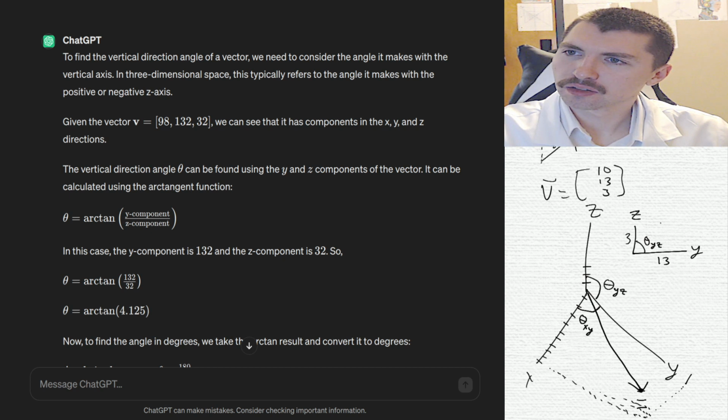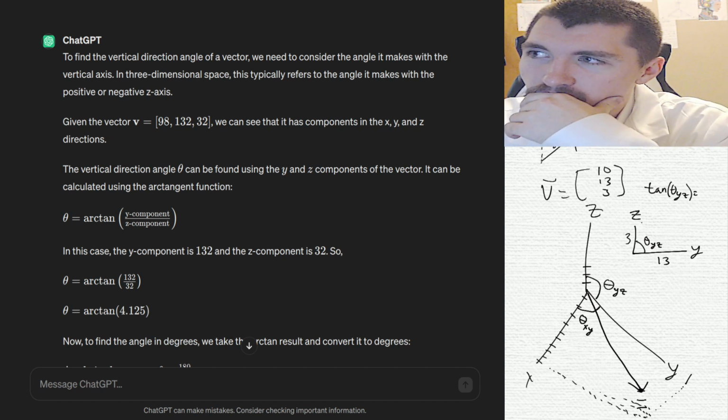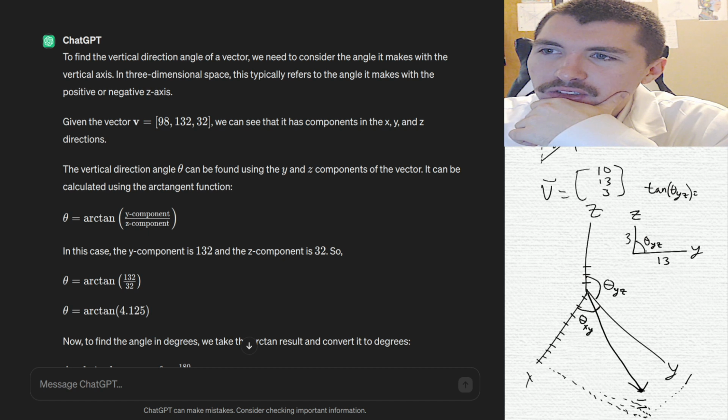Okay, it's saying the angle is tangent equals opposite, so this would be adjacent, this would be adjacent.